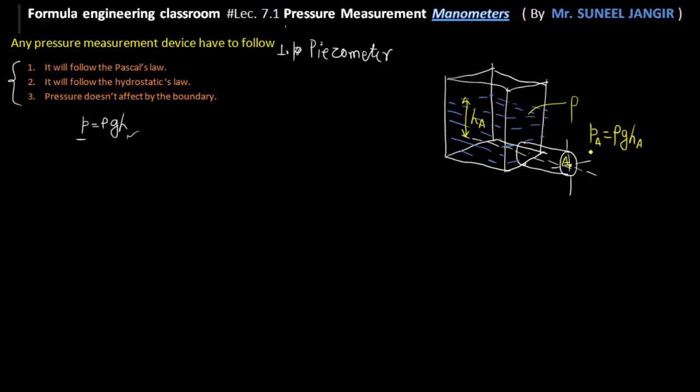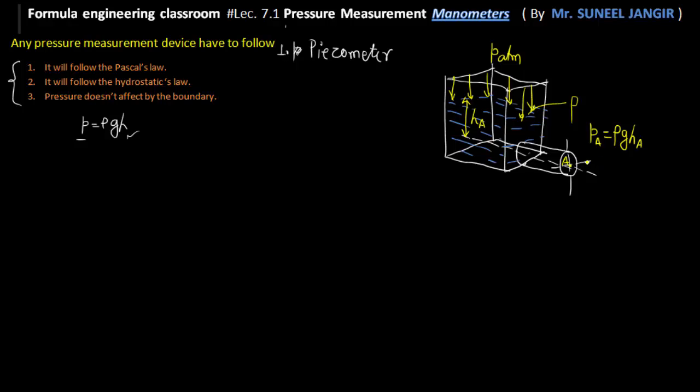Obviously, as we discussed in the previous lectures, this pressure intensity is only the gauge pressure intensity. Over the free surface of this fluid there is atmospheric pressure, P atm, but we are considering P atm as 0, as we are taking the gauge value, because atmospheric pressure is everywhere.